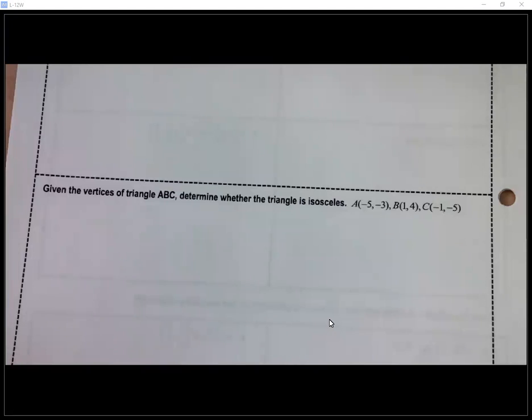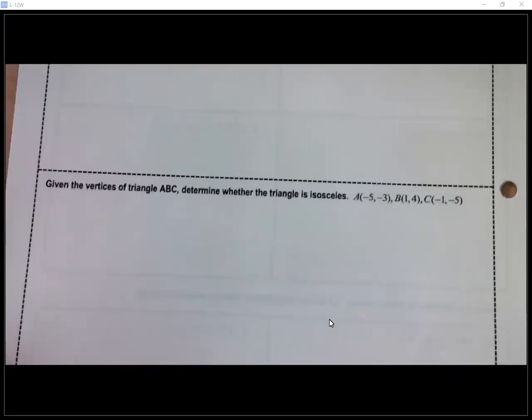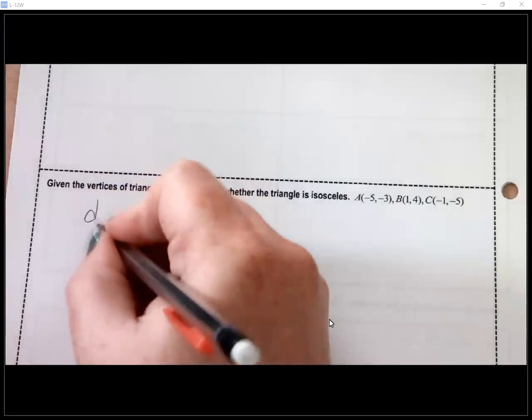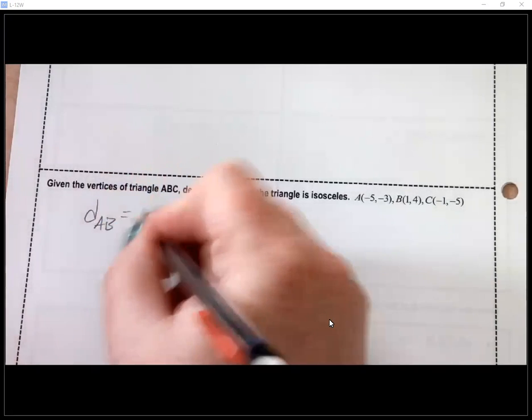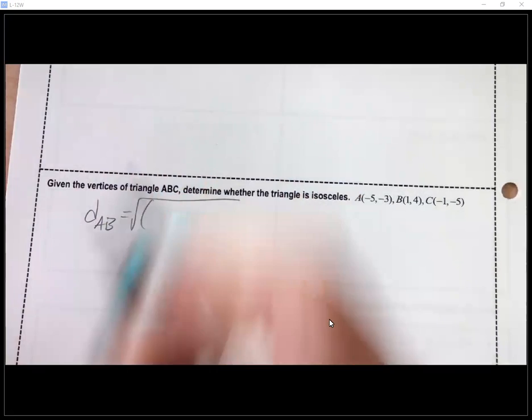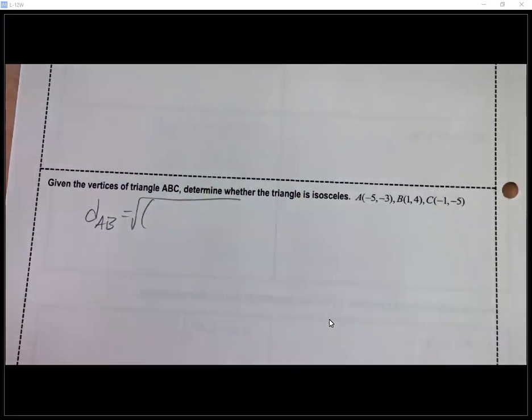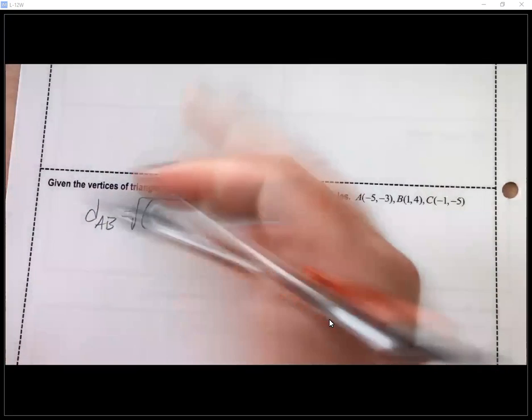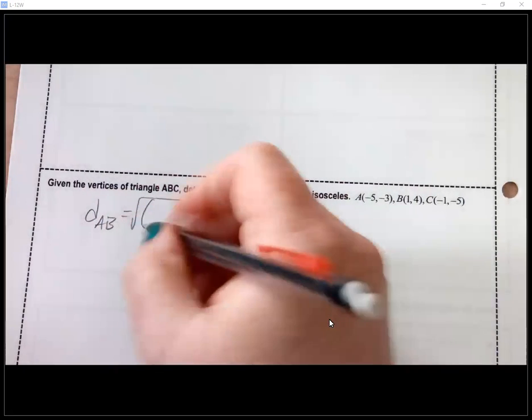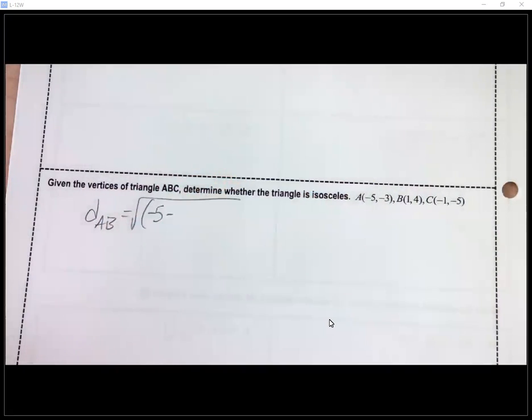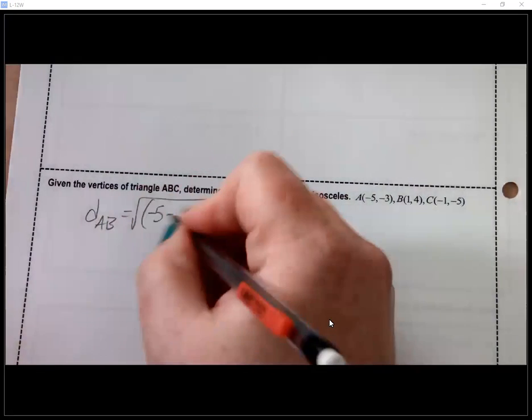So I just have to find the length of all 3 sides. So make sure that you're keeping track of which one you are doing. So the distance of AB, for example, you're going to subtract your x's. So -5 minus 1, close it, square it.